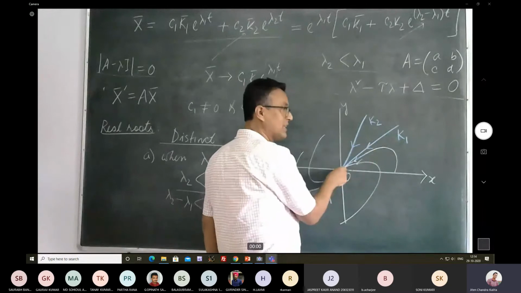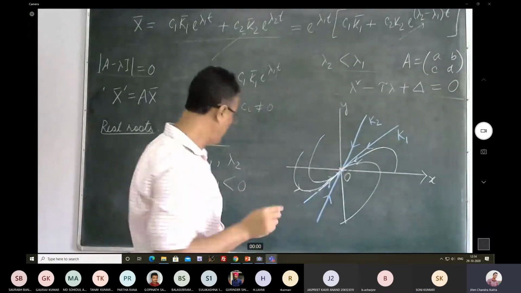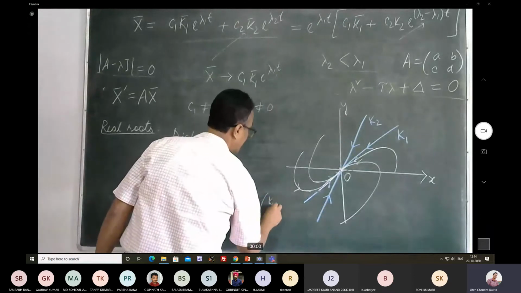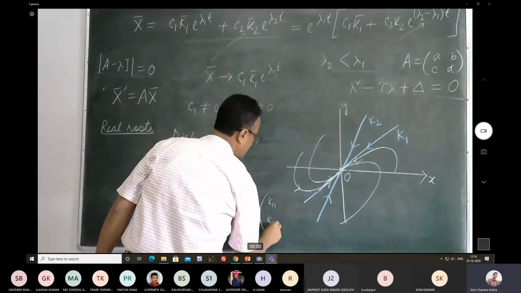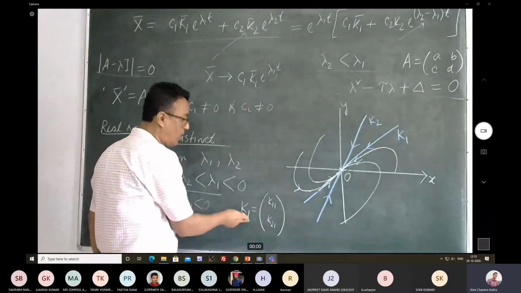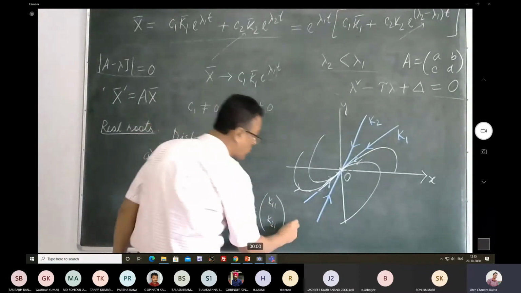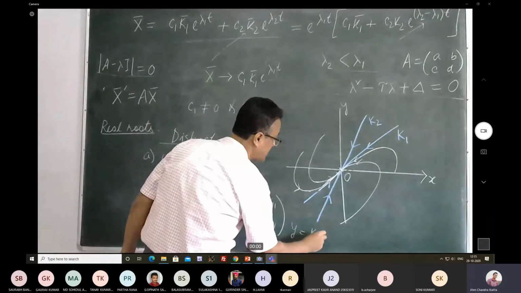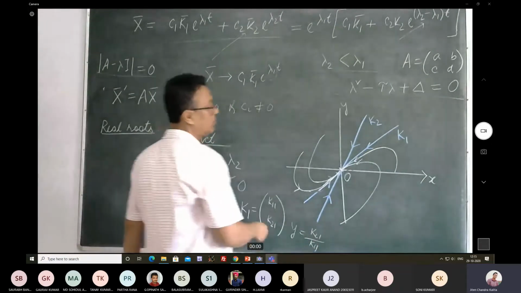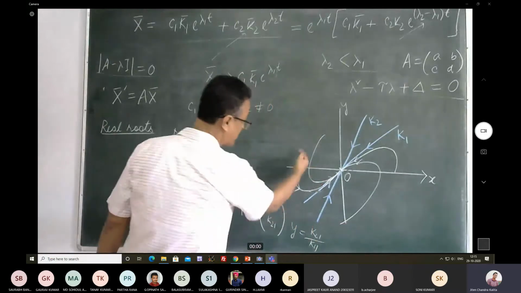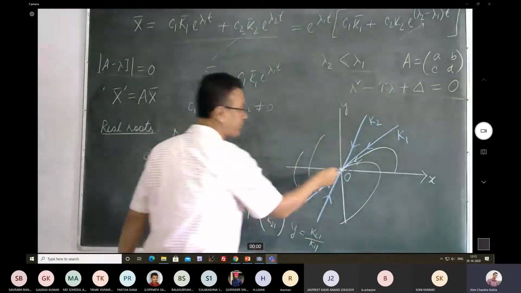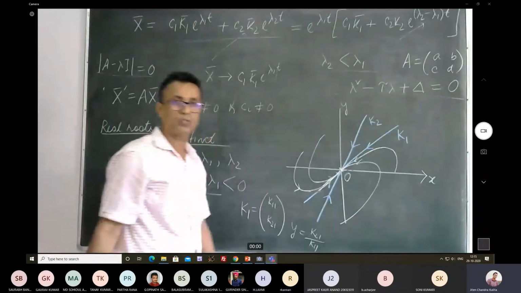Their tangents are going to have the slope determined by the entries of the dominant vector k1, and the slope here you can see is given by k21 by k11, right? So here you can see that they are all converging towards the origin 0, right?